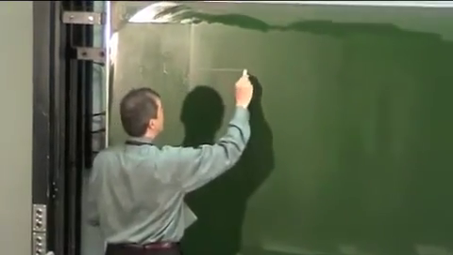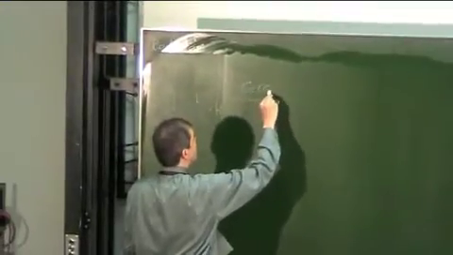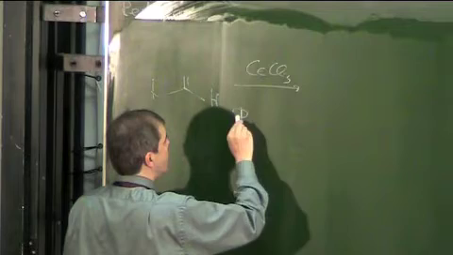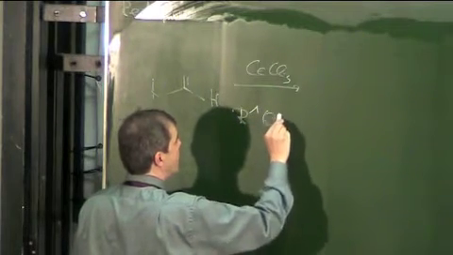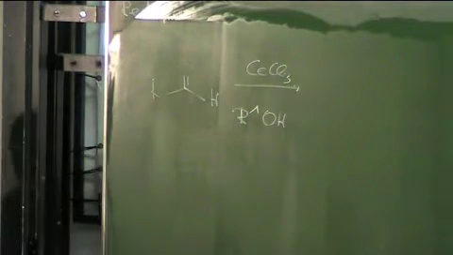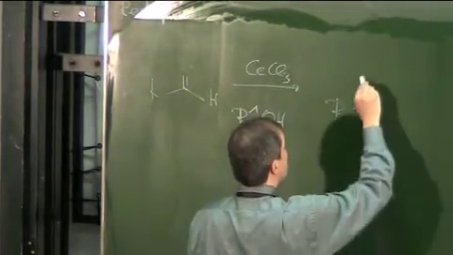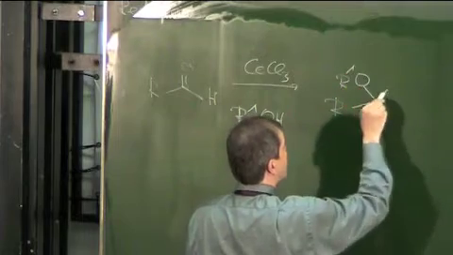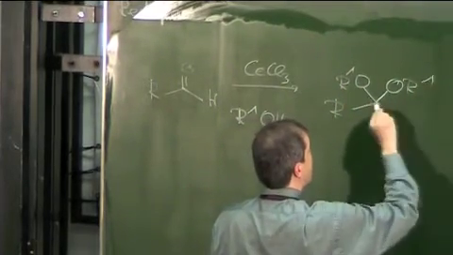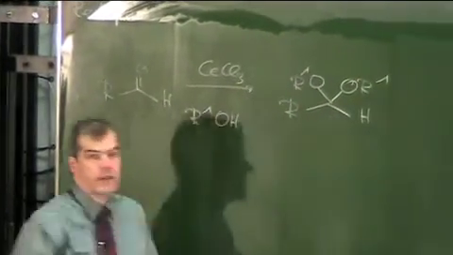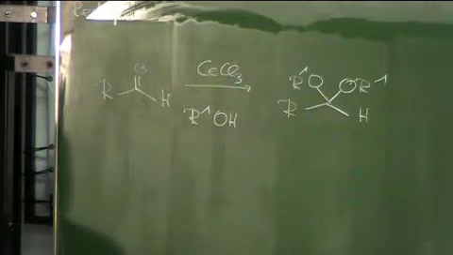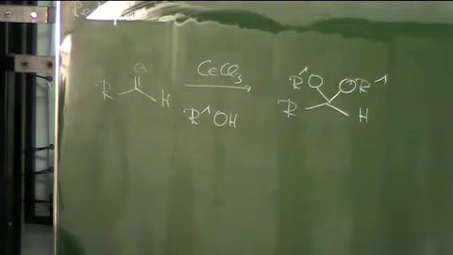And this is if you treat an aldehyde with such a strong Lewis acid, in the presence of an alcohol, a reaction you also know quite well will quite readily occur. And this is that you will affect ketalization, as you would have expected if you would have formulated this by acid catalysis.